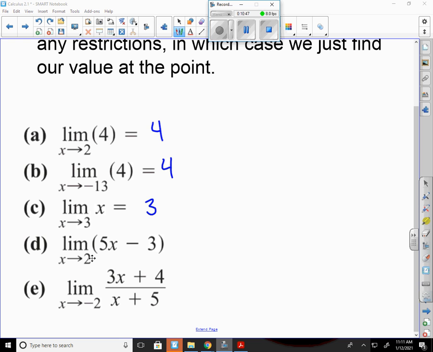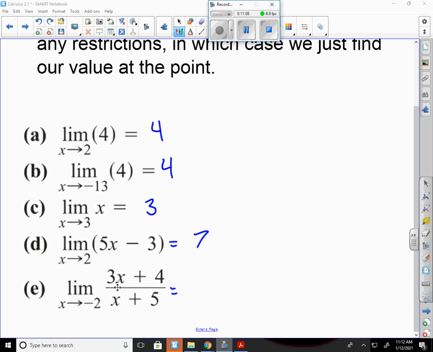If I look at part D, the limit as x approaches 2 of 5x minus 3, again, there's nothing in the denominator that would limit this. There's no square roots. So I can just plug a 2 in. 5 times 2 is 10. 10 minus 3 is 7. That's my limit.